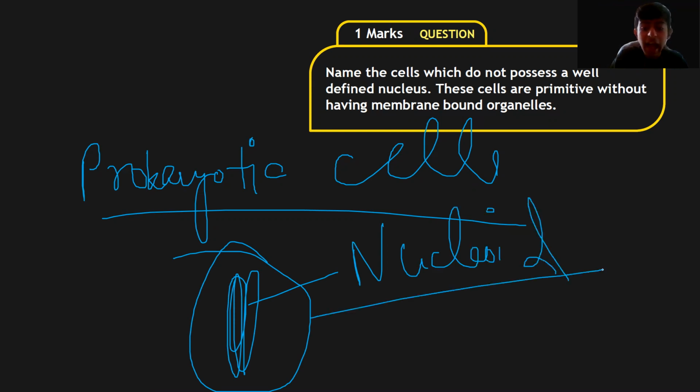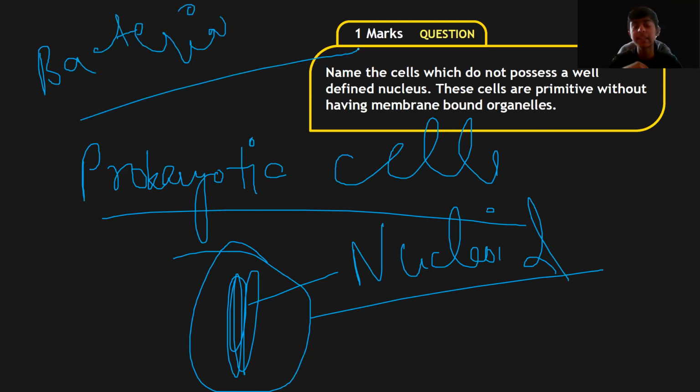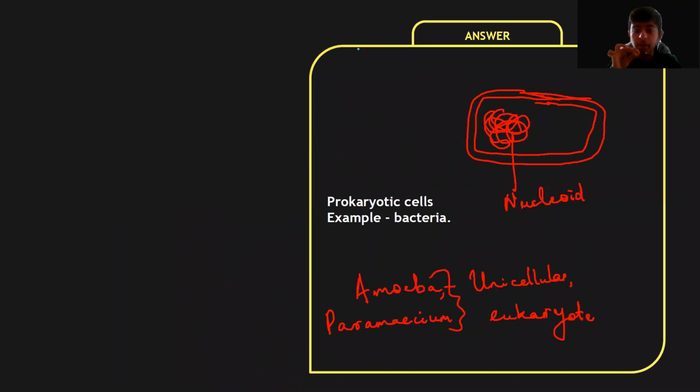As they do not have a well-defined nuclear region, the nucleus is not visible, and membrane-bound organelles are absent, so the organelles are also not visible. An example we can take is bacteria. It is a prokaryotic cell. That means it doesn't have a primitive nucleus.